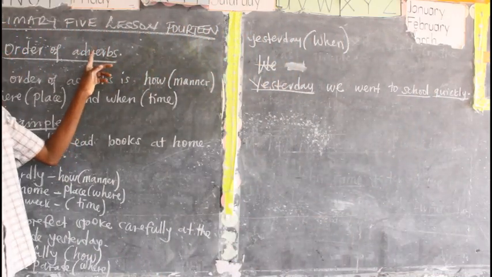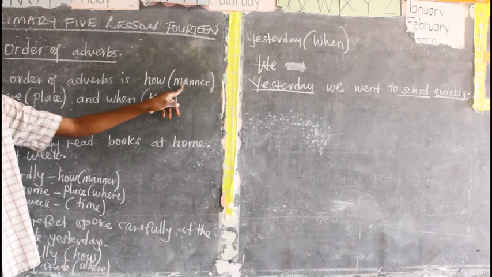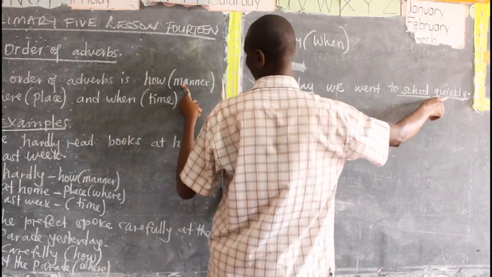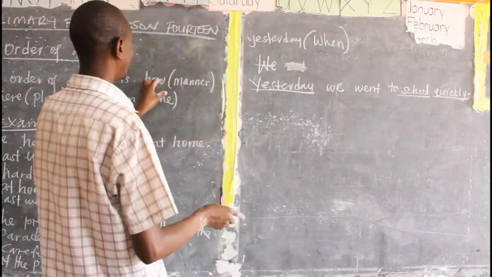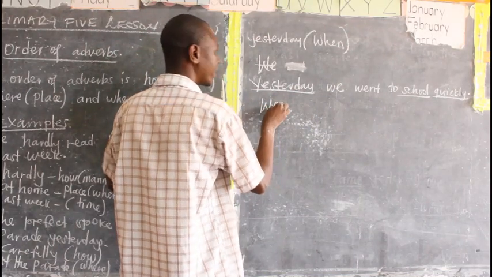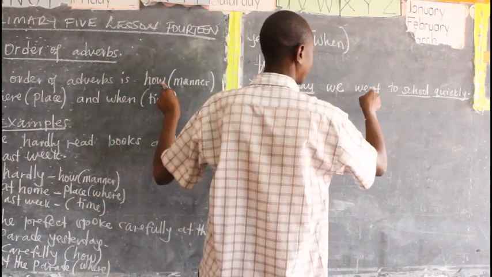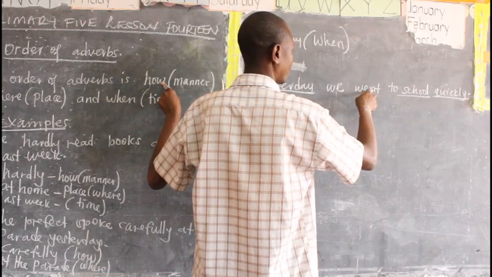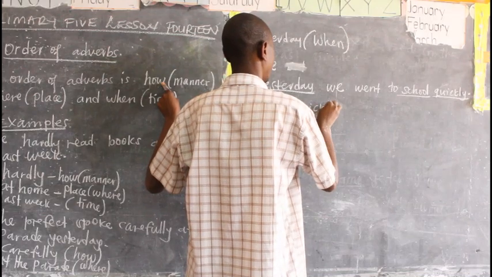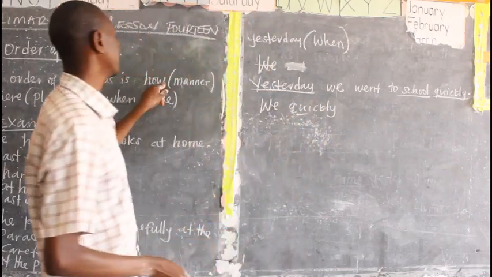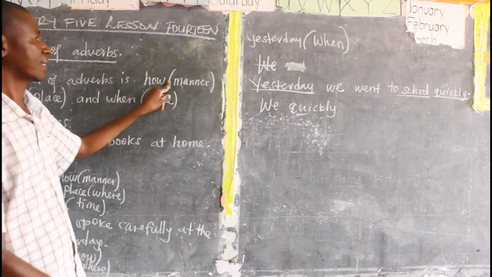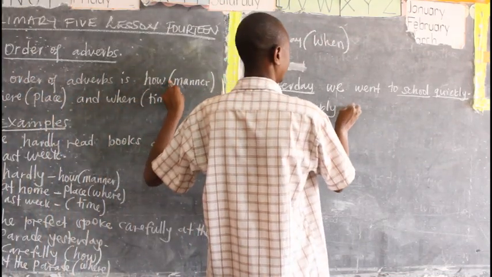Following this order, the first thing is supposed to be manner. How did you go to school? You went there quickly. So the order is how, manner, which means it is supposed to be: we quickly went. Quickly is how, the manner.